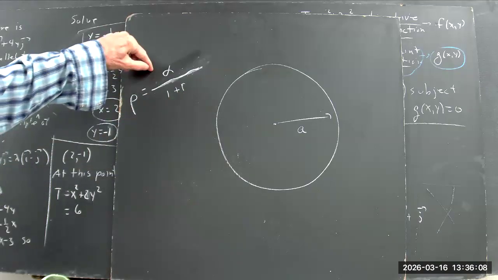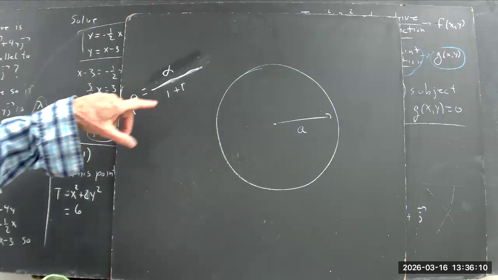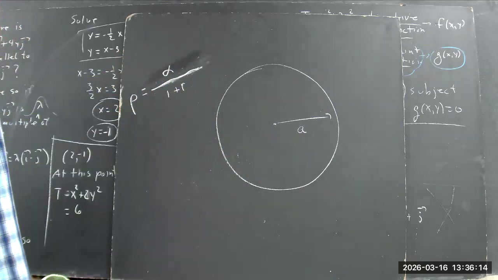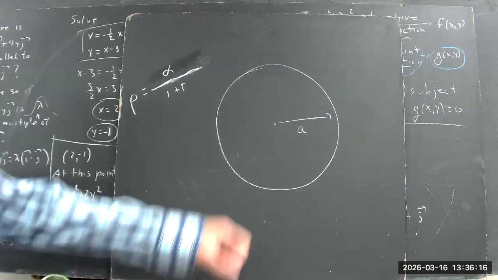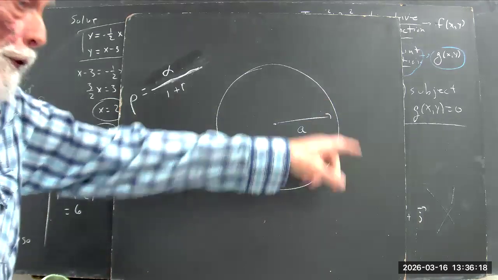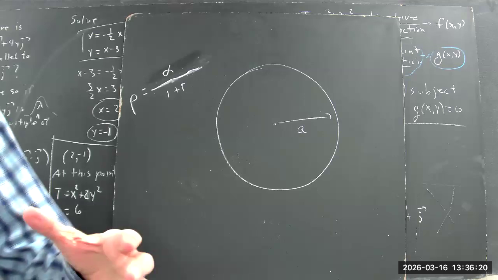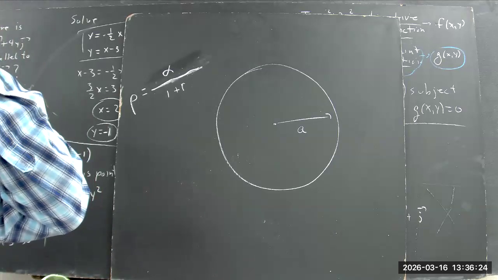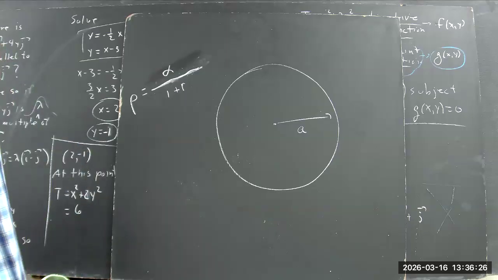So your maximum density is whatever alpha is. By the time you get out to radius A, it's going to be alpha over 1 plus A. Now you could average alpha with alpha over 1 plus A and get some kind of approximation, but this silly thing isn't linear. So what you have to do is integrate by shells.